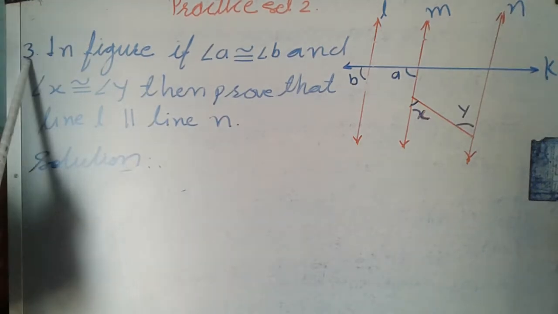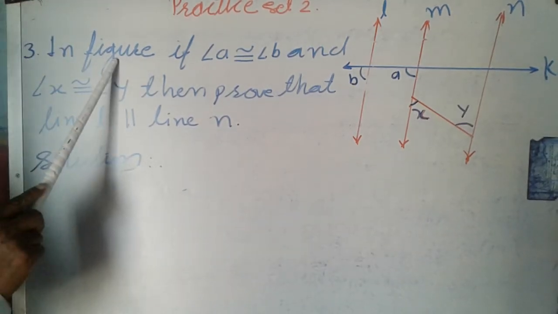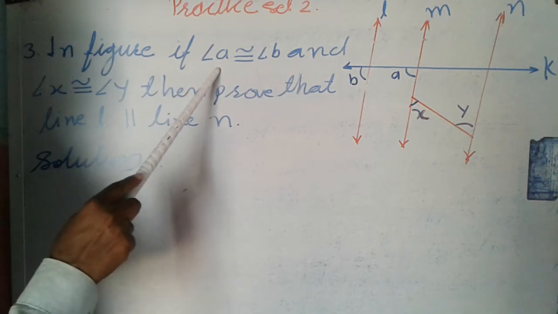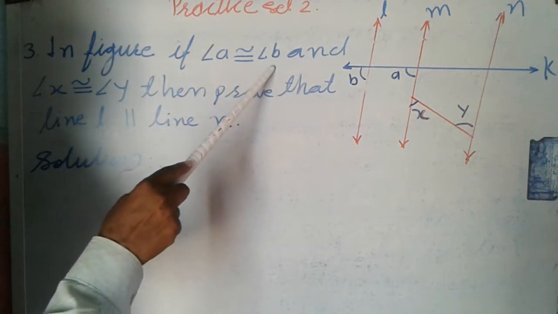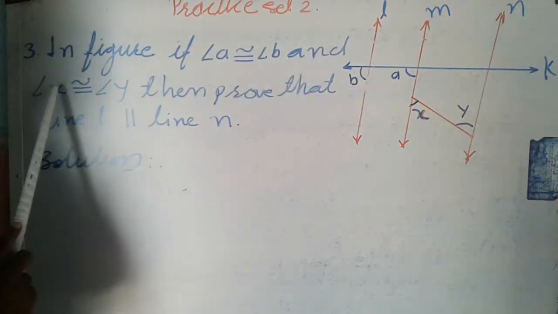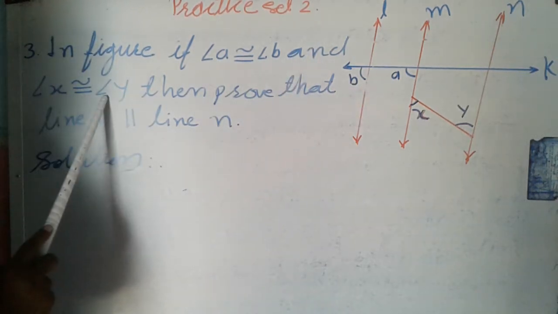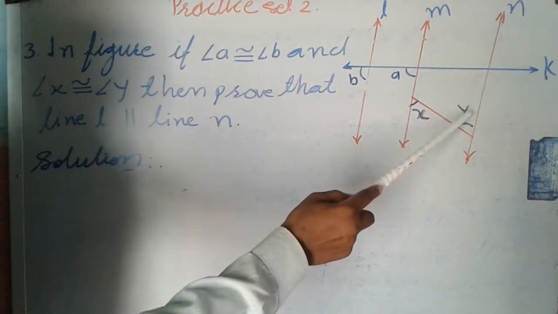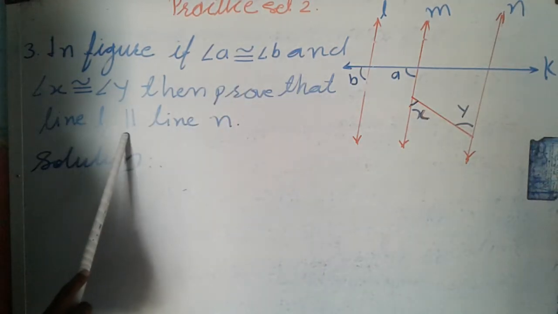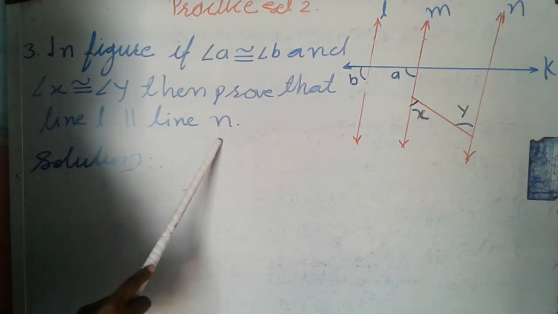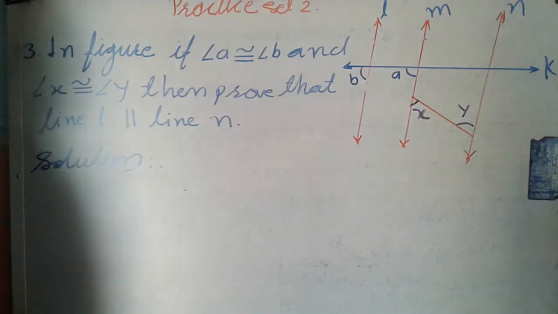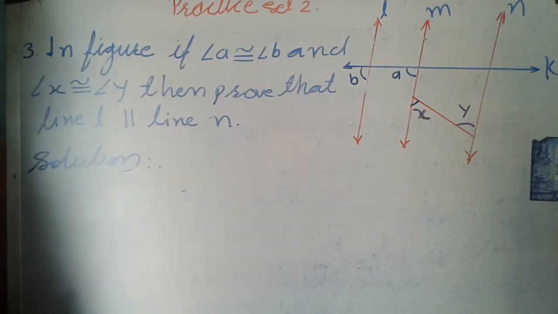Now, question number 3. In the figure, if angle A is congruent to angle B, and angle X is congruent to angle Y, then prove that line L is parallel to line N. We use these given things.